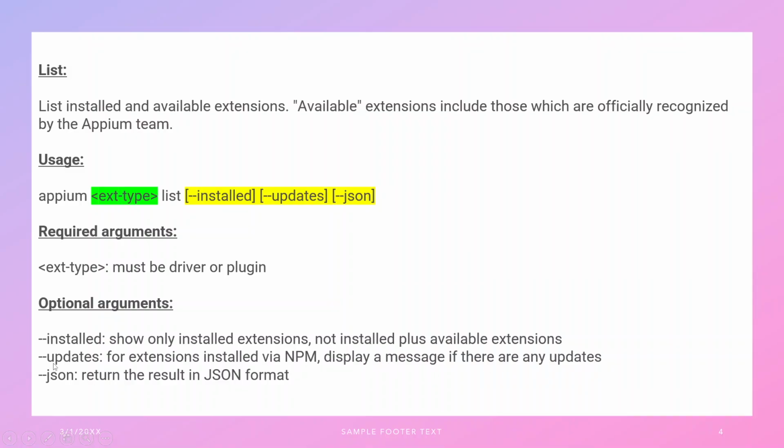By using these commands we can know the current version of a particular driver or plugin installed and if there are any updates available for it. And JSON returns the result in JSON format.